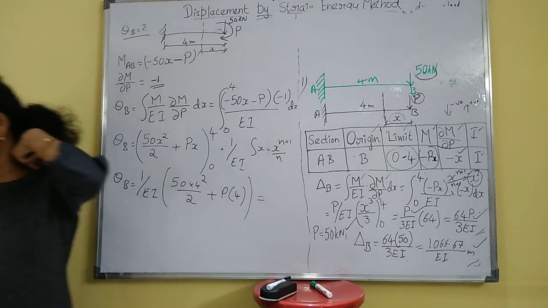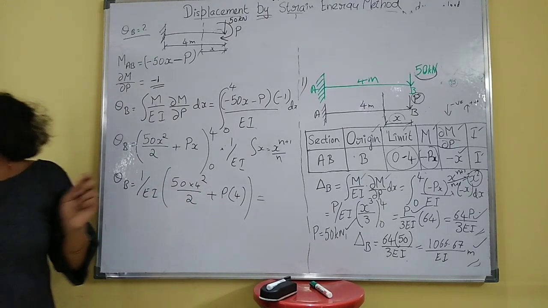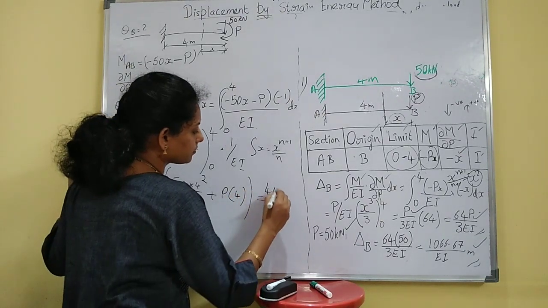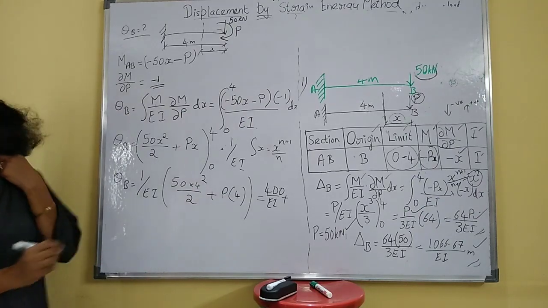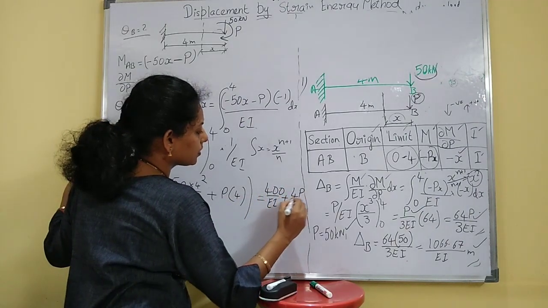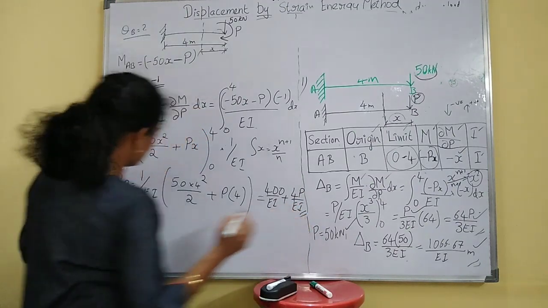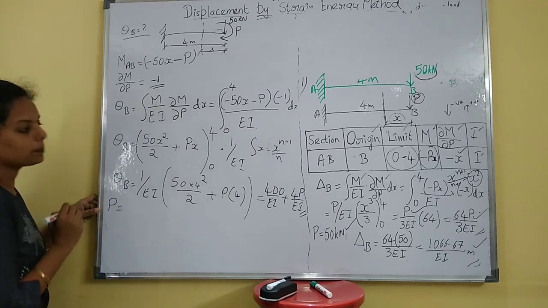In terms of P, you have 400 by EI plus 4P by EI. Simplify, you will get this equation. Now the next step is to substitute the P value.